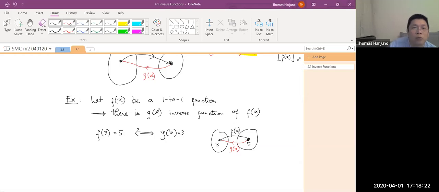We can also write that as f inverse of 5 equals 3.